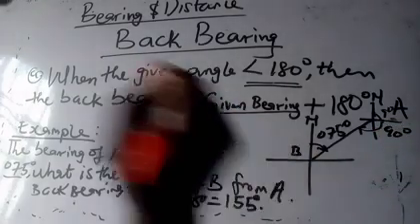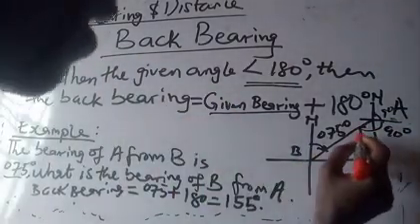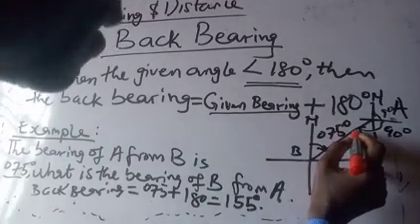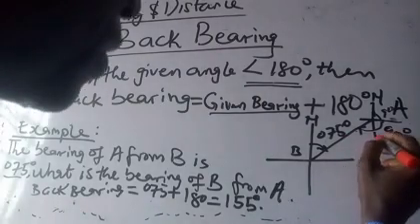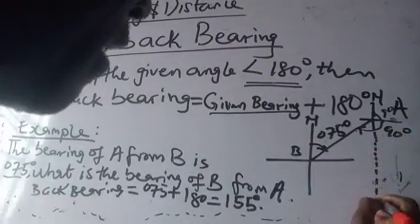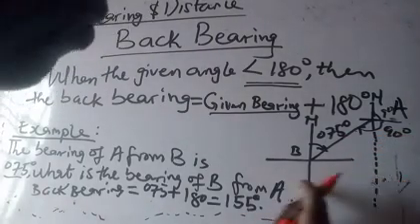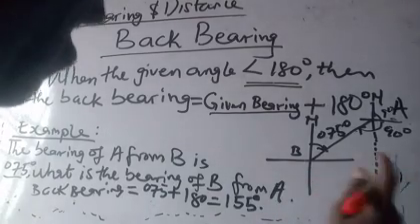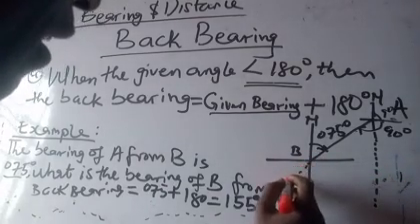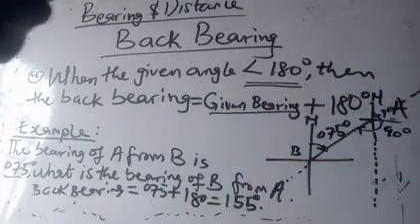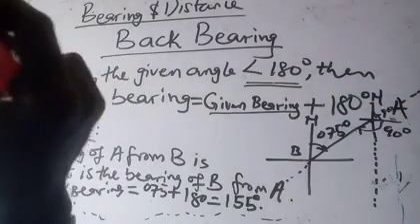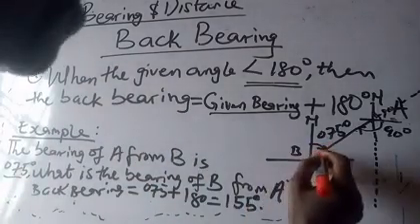Now, we don't know this angle, but how do we get it? If we extend this line down, these two lines are two parallel lines. And if this line, called a transversal line, passes through them, we have alternate angles, and alternate angles are equal.